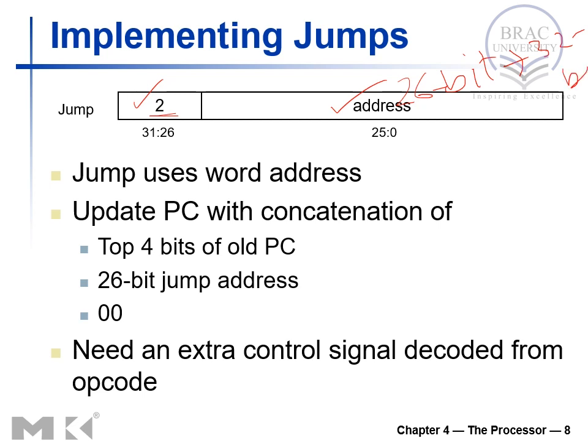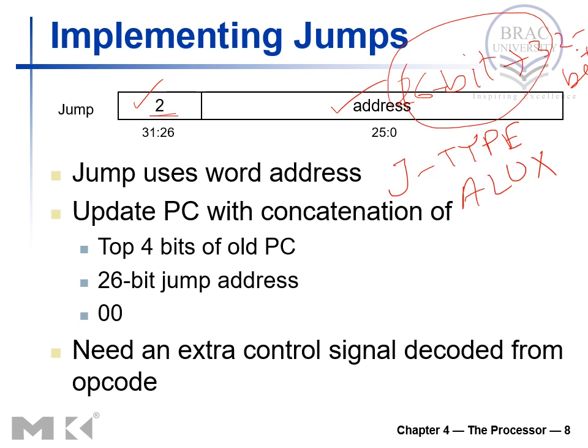We need to make this 26 bits into 32 bits. To do that, we need to perform the concatenation method, because for J-type instruction, we cannot use the ALU. So how can we make this 26 bits into 32 bits?